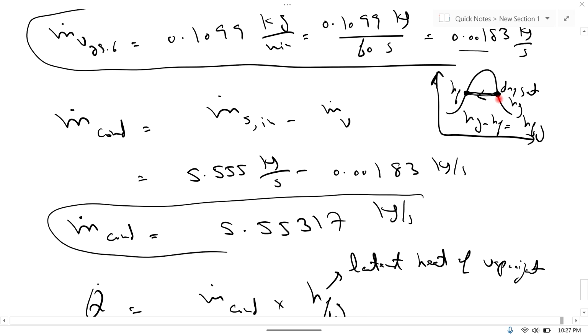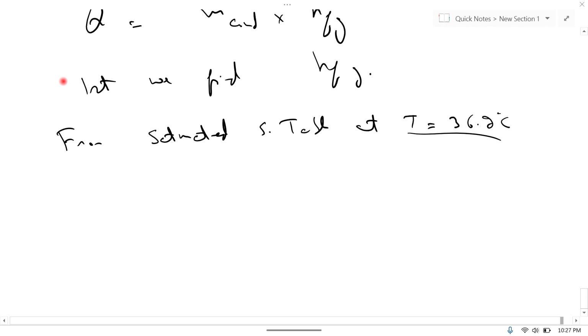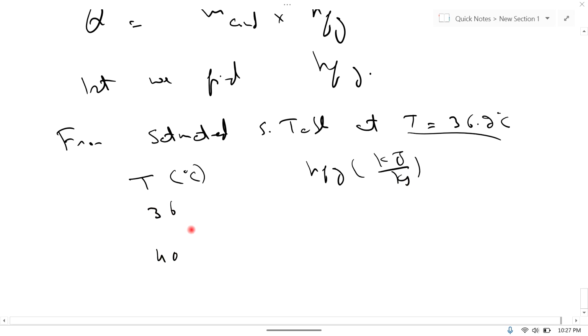Therefore we use this value because here steam is dry saturated. Now 36.2 is not available, so from steam table, temperature in degree centigrade and hfg in kilojoule per kilogram. So in steam table 35 and 40 are available. We have to find the value at 36.2.